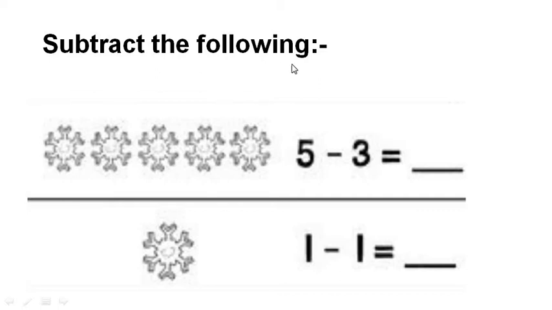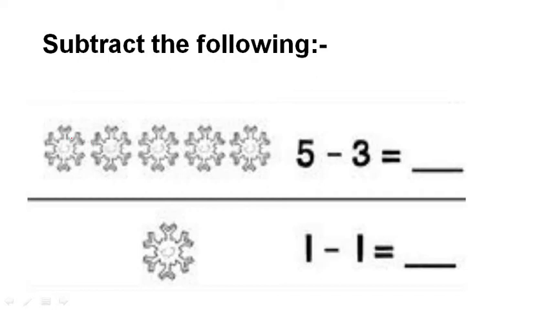Subtract the following. Sum is 5 minus 3. 5 minus 3 means we have to cross out 3 objects out of the given 5 objects. Let's do it.